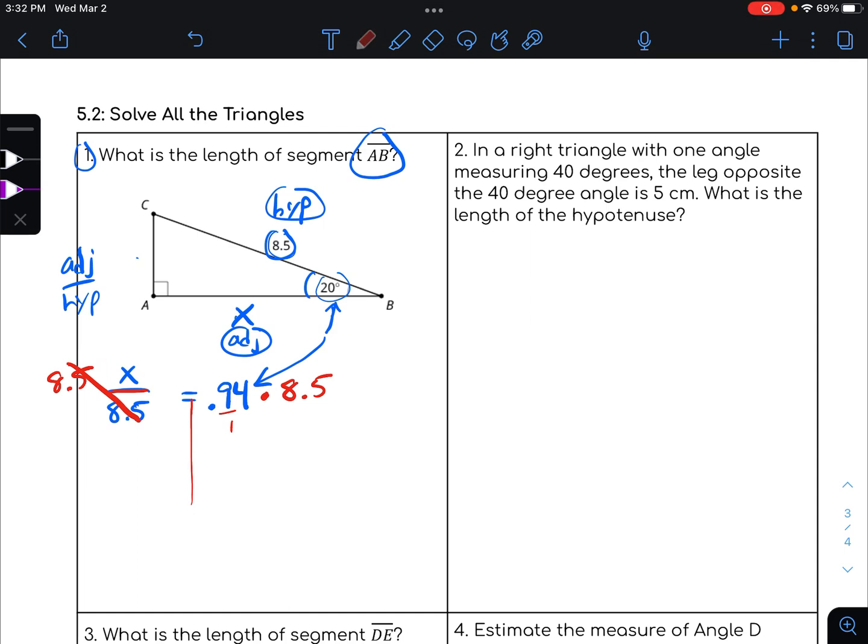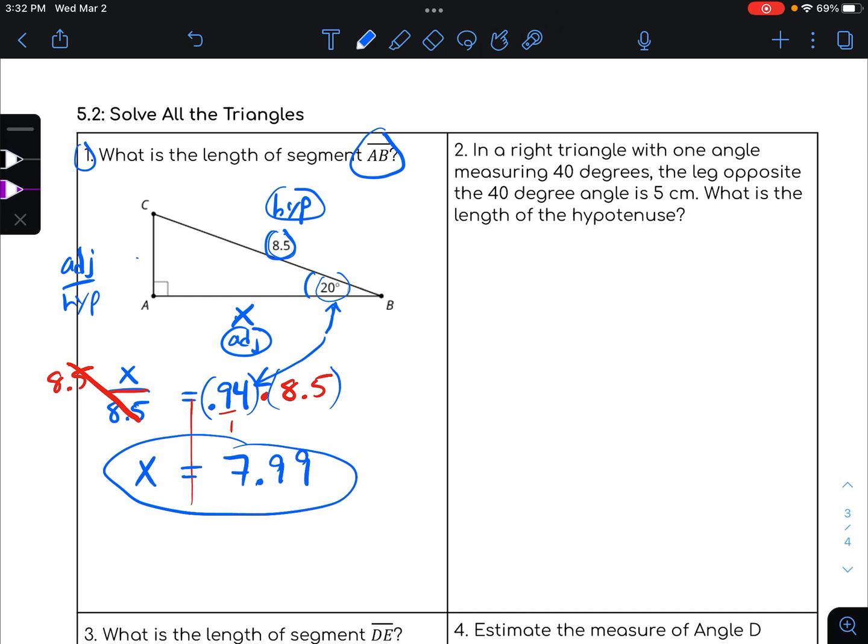Those cancel out to 1, so you just have 1x or x. Then we can multiply these two together, 0.94 times 8.5. When you do that, you get 7.99. So that is going to be our side length.